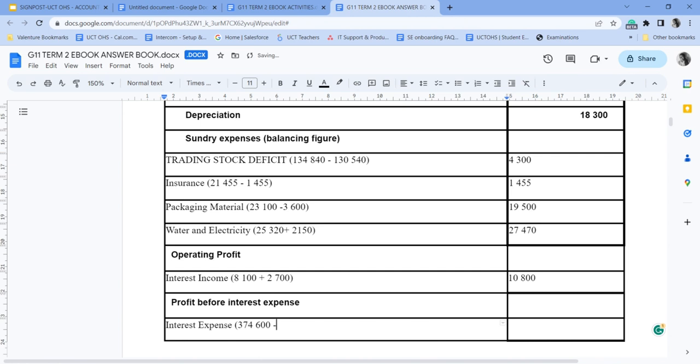So you just say 374,600, which is the opening balance, minus 86,400, which was the payment that was made during the year. And then you minus what? The closing balance also, because now we want to figure out what the difference is. You get it? Pause the video now and do the calculation on your side. On my side, in my calculator, I have already done the work and I'm getting 38,800.